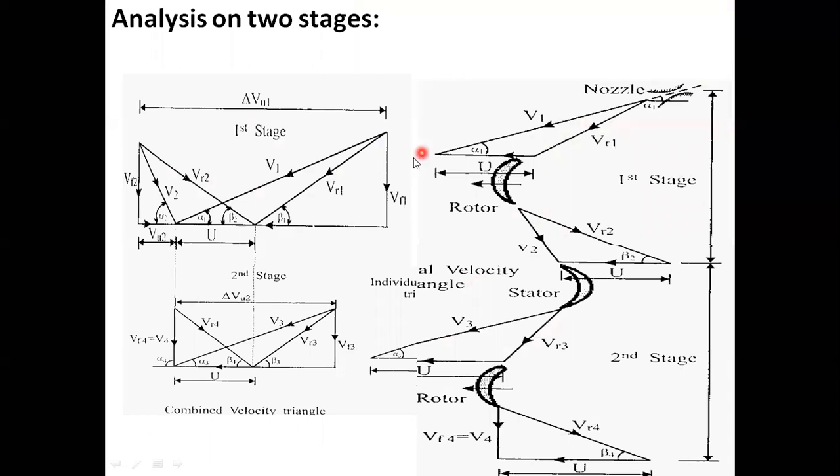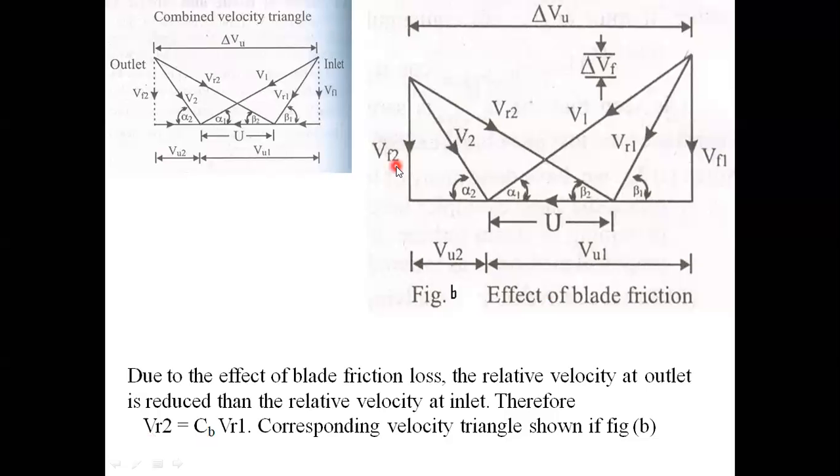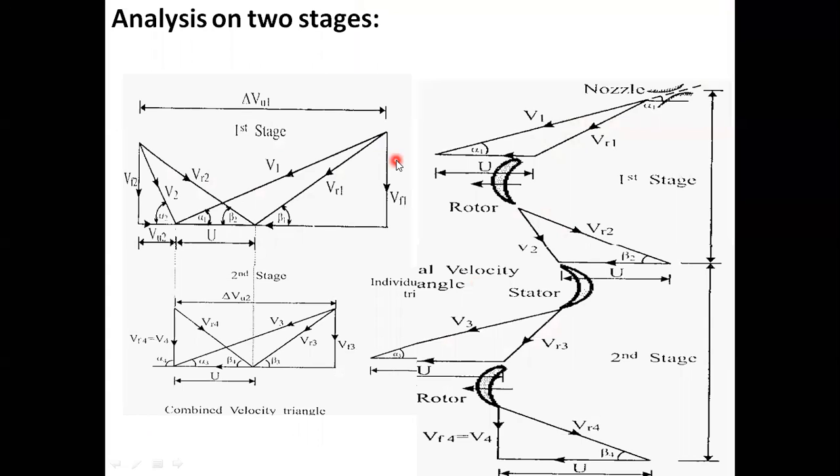Now see here, in a steam turbine we have a number of stages. This is very important also, because up to now you have seen only a single stage in the water turbine, but in the steam turbine there are a number of stages, so velocity triangles are also present for a number of stages.